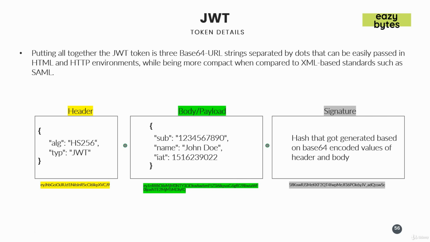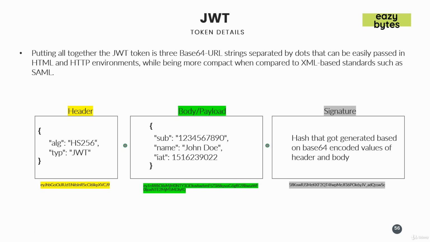But please remember, whenever you introduce encryption and decryption unnecessarily, it will use a lot of your server computation. So by default, you can always send your header and body in base64 encoded value, since that is very easy to decode, and you can protect those values by generating a signature and holding it in the signature part.